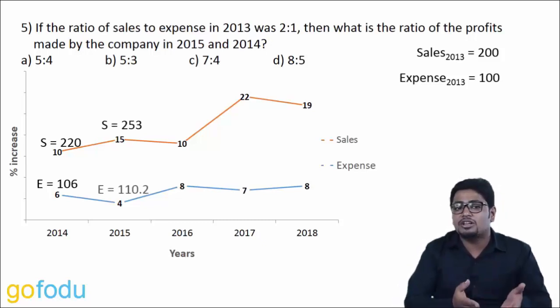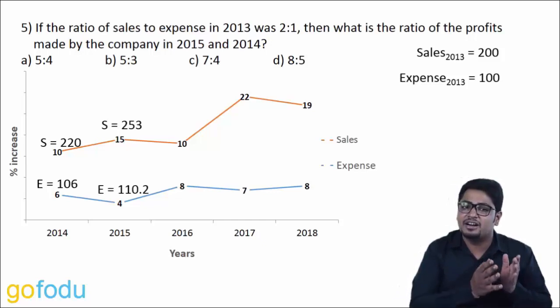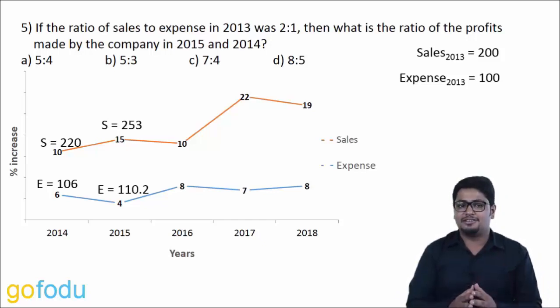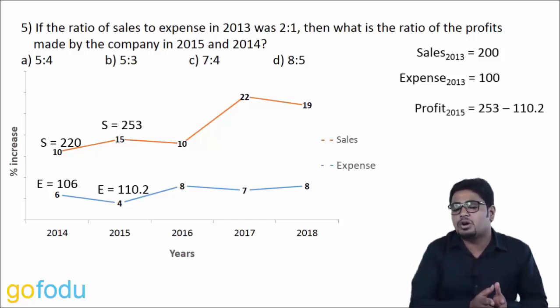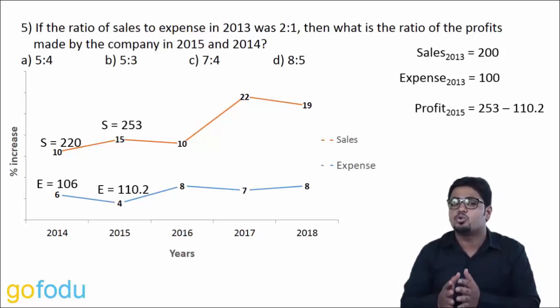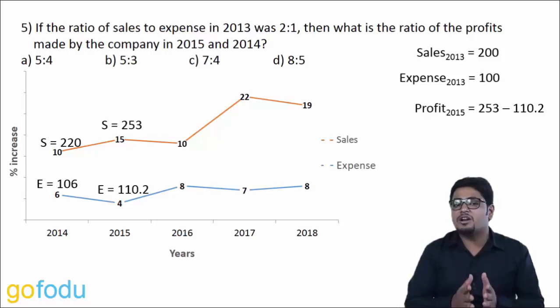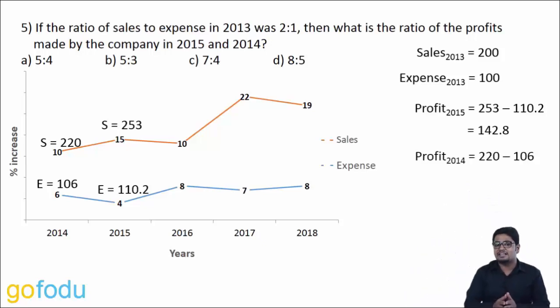And expense on the other hand becomes 110.2. Likewise, we can calculate the sales and expense for the remaining years. Now, profit in 2015 becomes 253 minus 110.2, which is 142.8. And it was 220 minus 106, that is 114 in 2014.